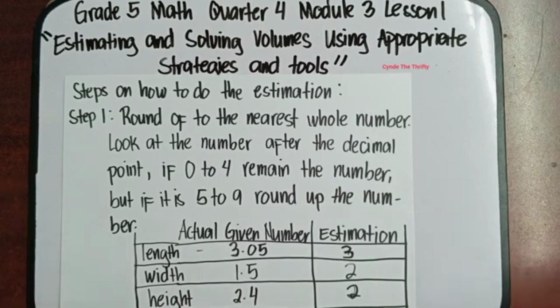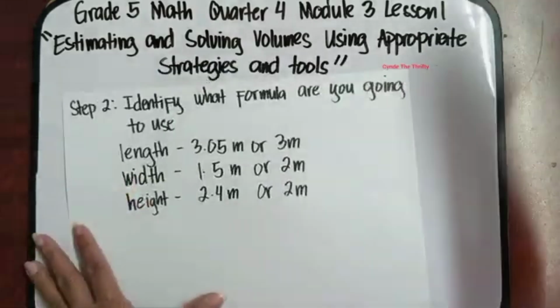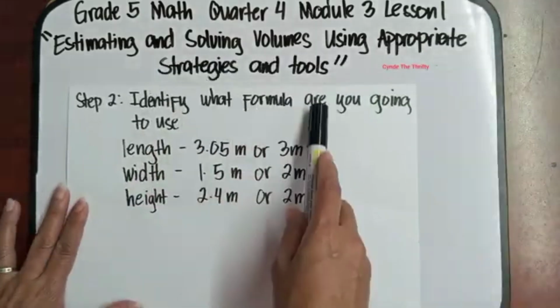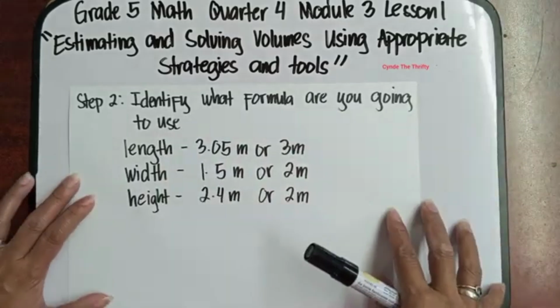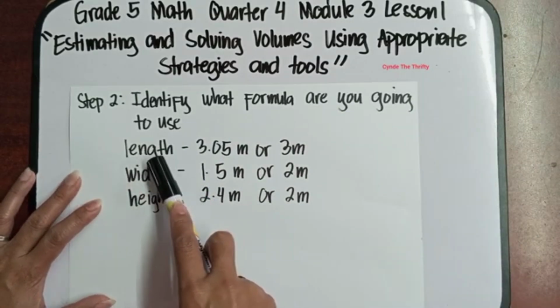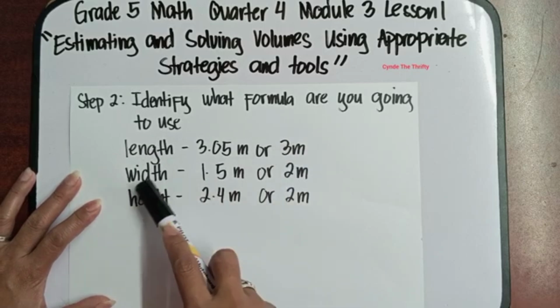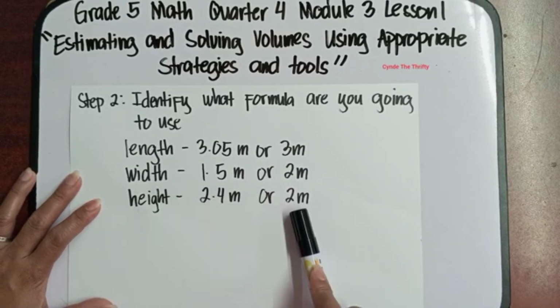Ngayon is pupunta na tayo sa ating step 2. So, ang step 2 natin is identify what formula are you going to use. So, ano yung formula na gagamitin natin sa pag-solve ng ating problem? Base sa ating given, meron tayo ditong length, 3 meter ang estimation. Meron tayong width na 2 meter ang estimation at height na 2 meter ang estimation.